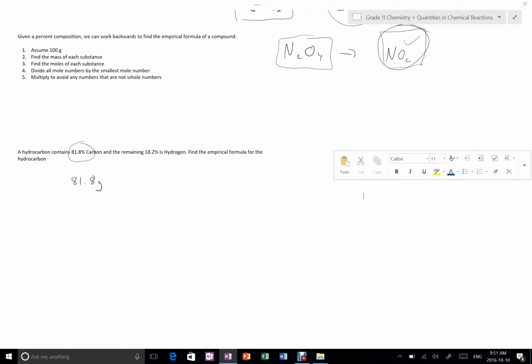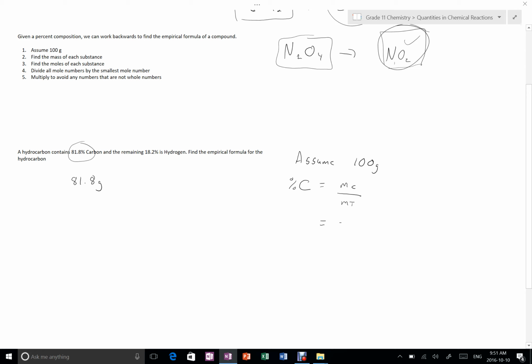So step number one, assume 100 grams. Just to be clear, let's do carbon. I'm only going to write this out once because we don't normally have to do this. Percent carbon would be equal to the mass of carbon divided by the mass of the total.